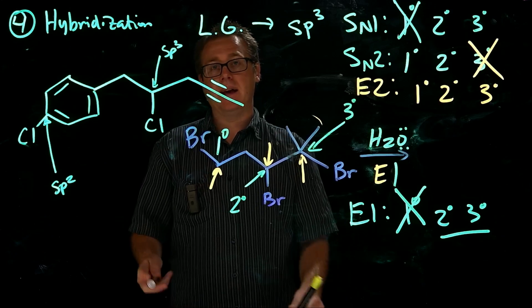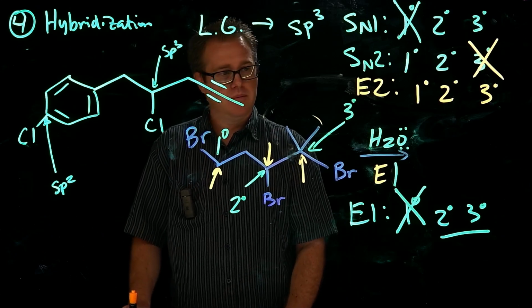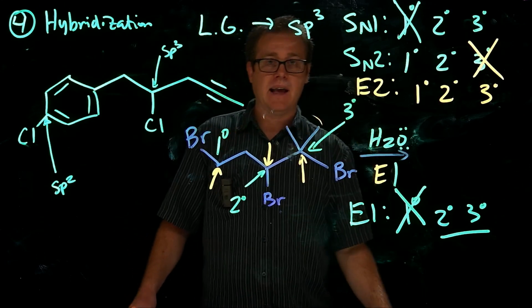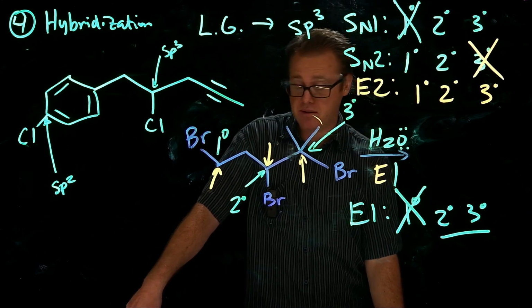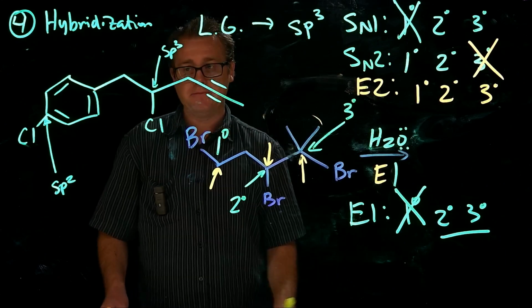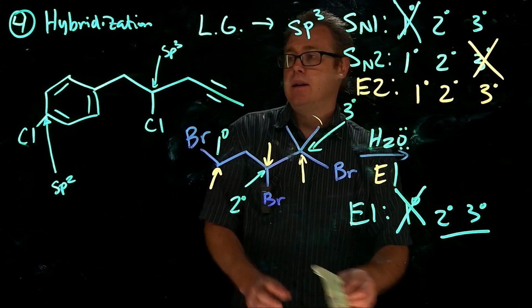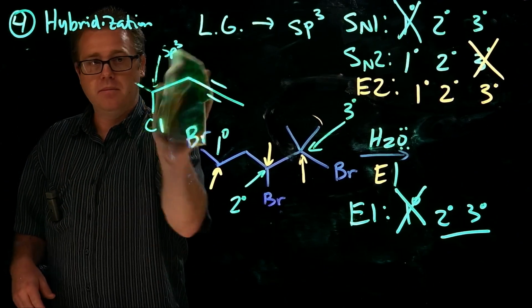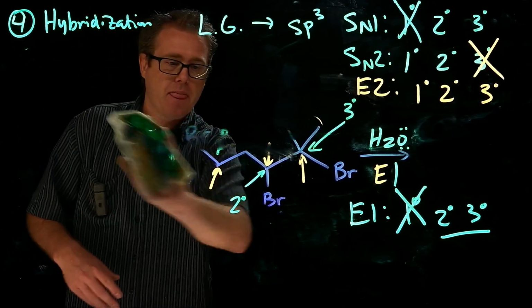And it all comes back to the mechanism. The leaving group leaves first, generating a carbocation, so we have to assess the stability of those carbocations. Now, primary carbocations don't form. That's what I've been saying.